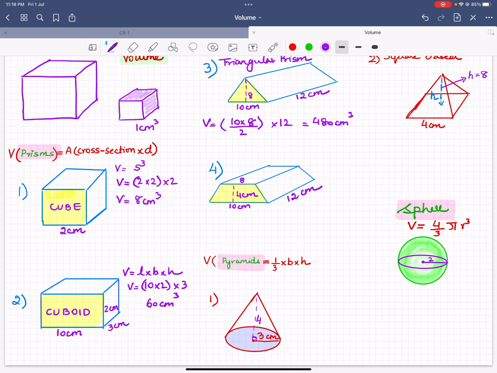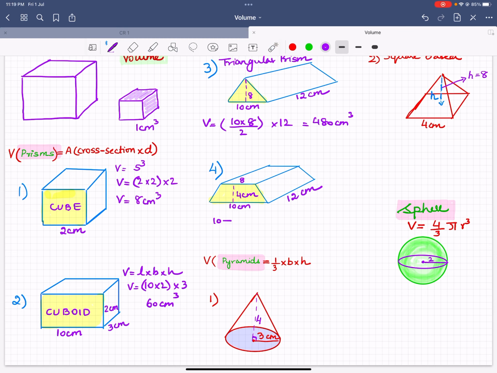Moving on to the next question, the fourth question is a trapezoidal prism. It has a trapezoid in the front face or the cross section. We know the formula for area of a trapezium is the sum of the two parallel sides added, which is a plus b, in this case 10 plus 8, divided by 2 multiplied by the height. So let's find the area of the trapezium first.